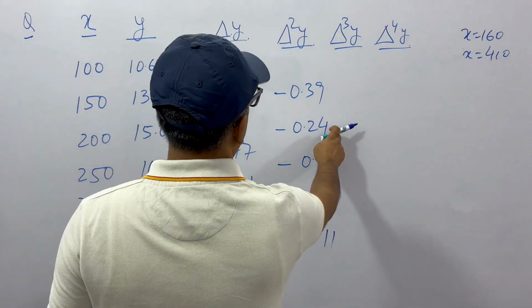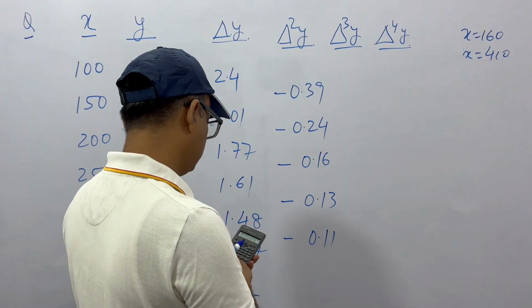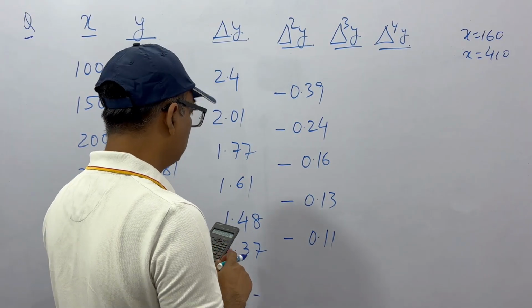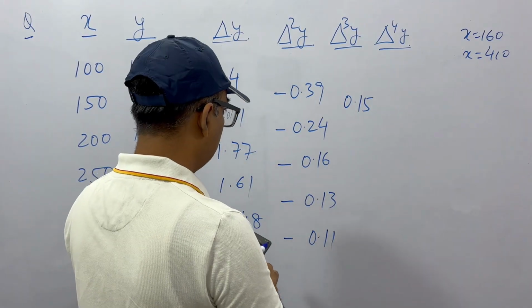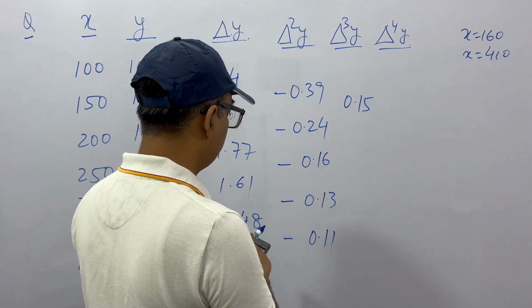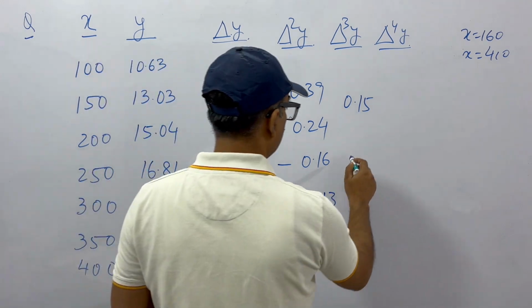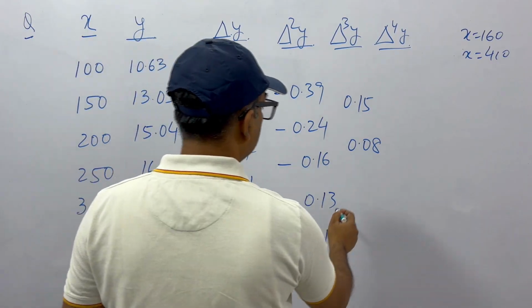Now for the third differences: minus 0.24 minus minus 0.39 gives 0.15. Then 0.24 minus 0.16 is 0.08. This is 0.03.